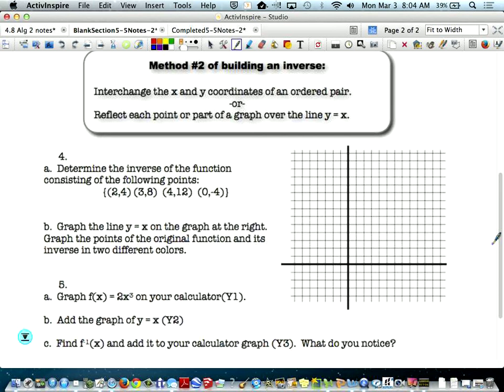So I'm going to start by putting blue dots on the graph. So if you have two colored pens or something, you might want to do that. But 2, 4 would be 1, 2, 1, 2, 3, 4. 3, 8. 1, 2, 3, 1, 2, 3, 4, 12.